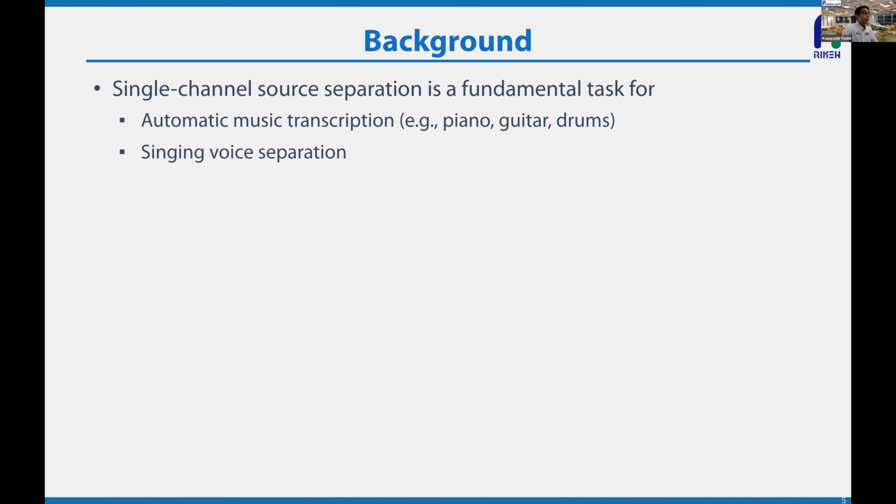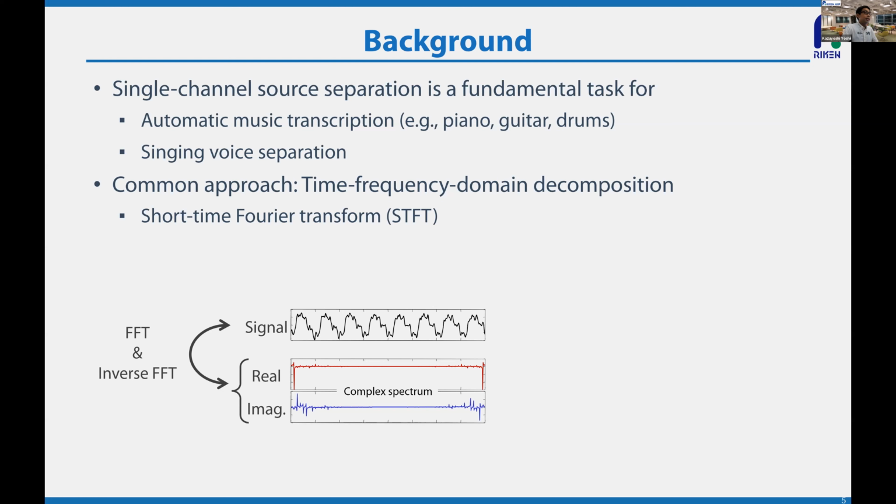As you can see, at the beginning, you get an audio signal in the time domain like this, and then usually you perform the Fourier transform to get such a complex spectrum in the frequency domain, which consists of a real part and an imaginary part.